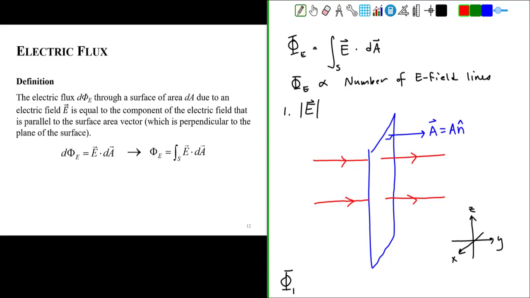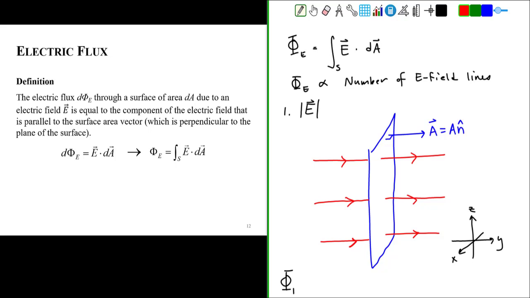Now let's add a third field line. The flux has now tripled over what we had before. Now remember, the density of electric field lines models the strength of the electric field in that region of space.